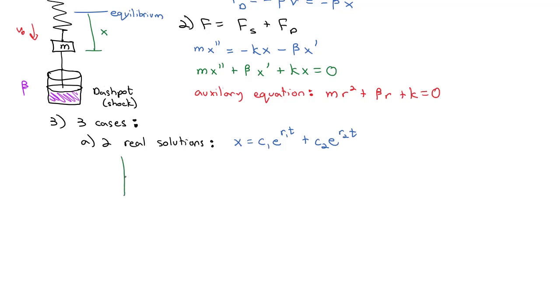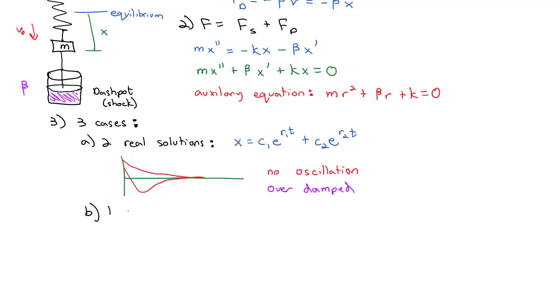And in this case, the graph is going to look like this, where it's going to basically dampen down immediately to equilibrium. Or maybe there'll be an initial velocity that shoots it below equilibrium, but then it's going to go right back to equilibrium. There is going to be no oscillation on this graph. And we call this overdamped. There is enough damping force to pull this mass on the spring directly to equilibrium.